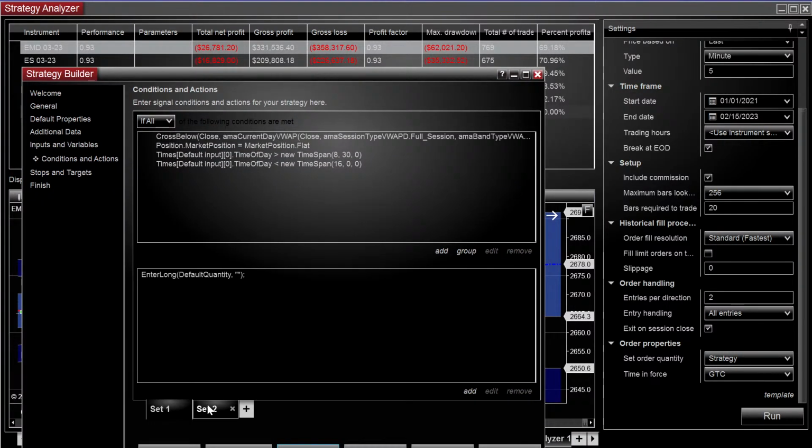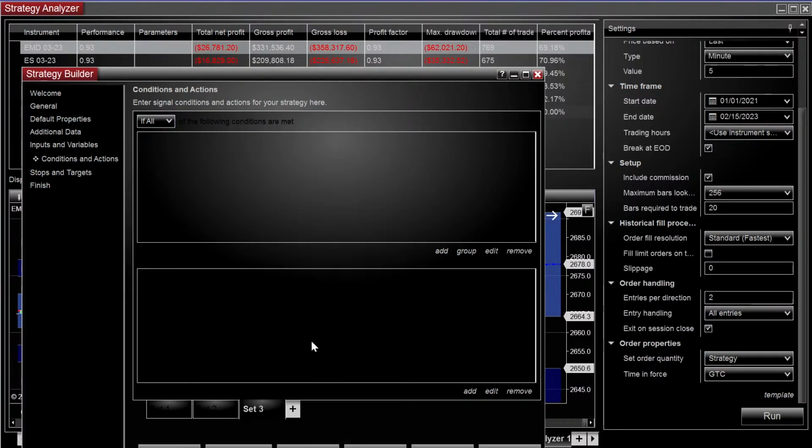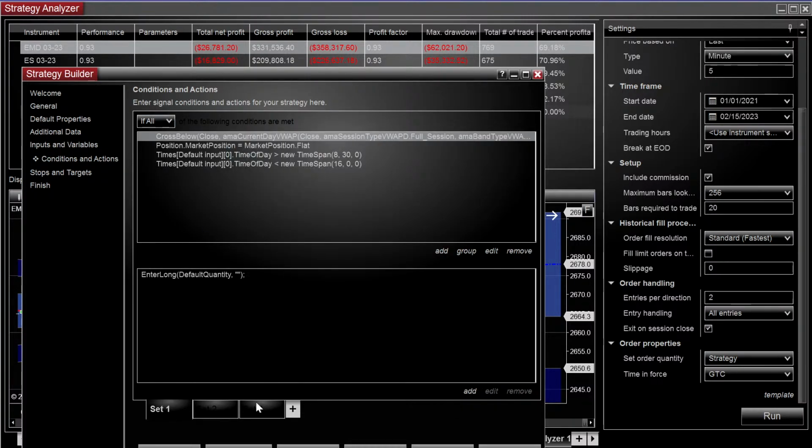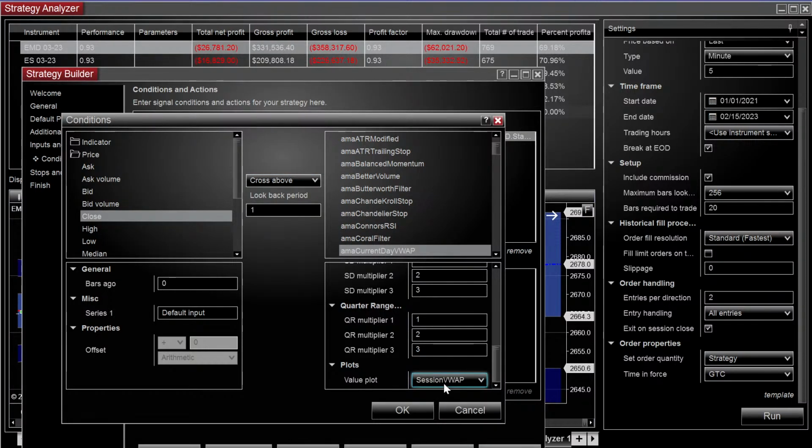Let's say for the exit, price close crosses above session VWAP.